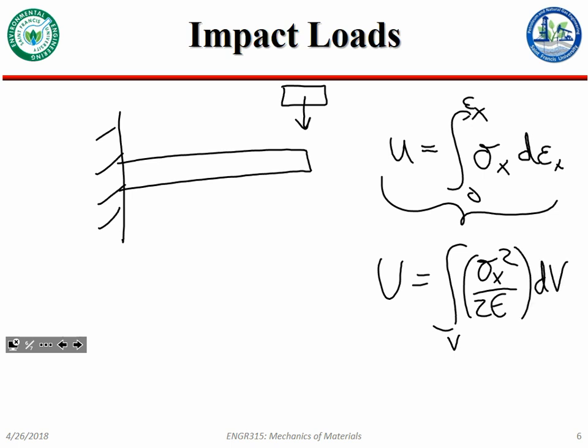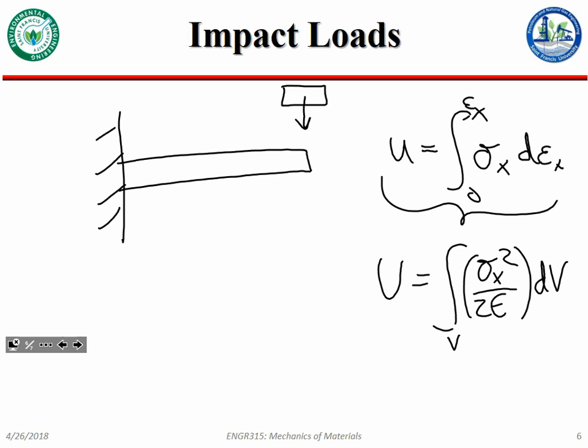Here U is strain energy, not strain energy density anymore, equal to the integral over volume of some normal stress, because that's what bending stress generates, divided by twice the elastic modulus. Now this sort of helps us, but not really, right? Because a volume integral isn't something you can just analytically look at and say it's going to be such-and-such.